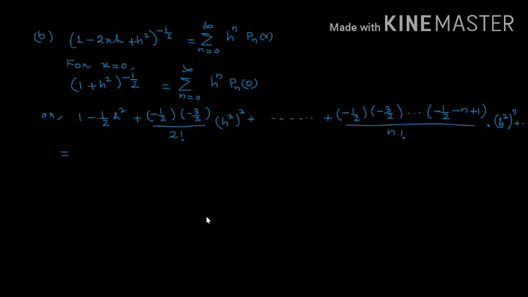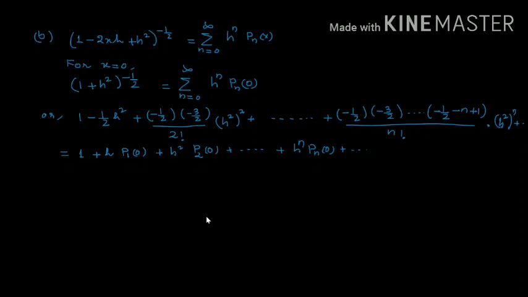This is equal to, now we expand the right hand side. When n equal to 0, h to the power 0 is 1 and P0 is 1, so that is 1 plus h P1 of 0 plus h square P2 of 0 plus up to h to the power n Pn of 0.